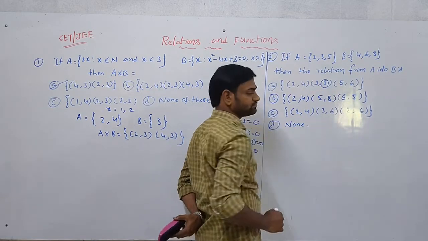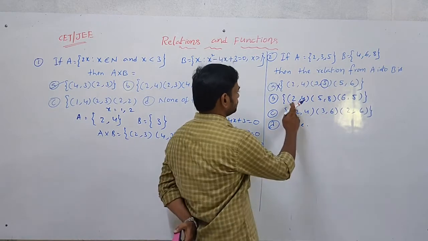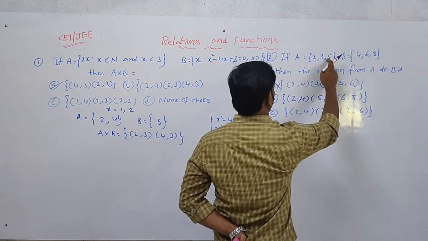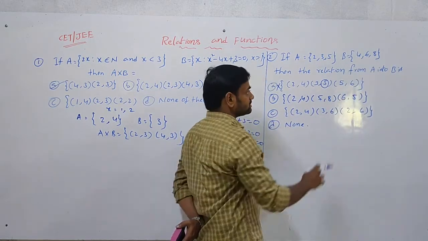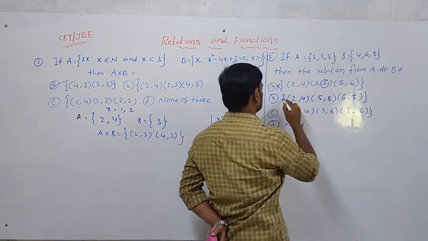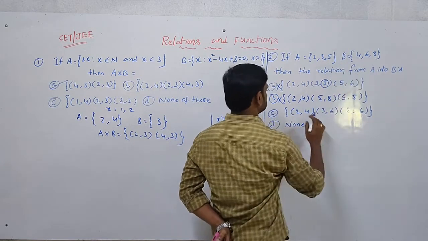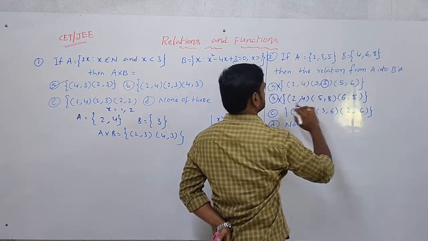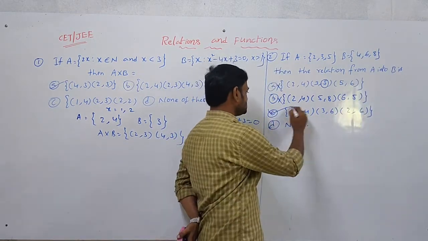This 5 is actually a first element, but he wrote it in the second place, so it is wrong. Next, (2, 4), (2, 4) correct. (5, 8), (5, 8). Next, (6, 5). He wrote 6 in the first place, but these elements must be in the second place, so it is wrong. Next, (2, 4): 2 first place, 4 second place, correct. (3, 6): 3 first place, 6 second place, correct. (2, 6): 2 first place, 6 second place, correct. The answer is C.